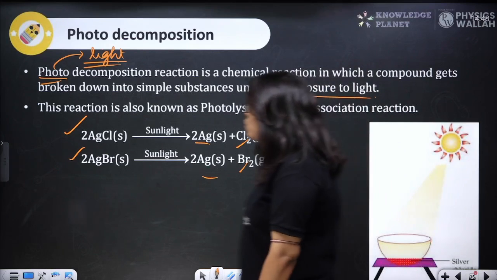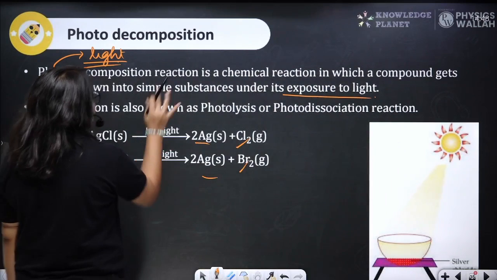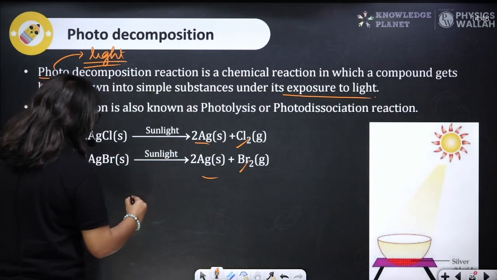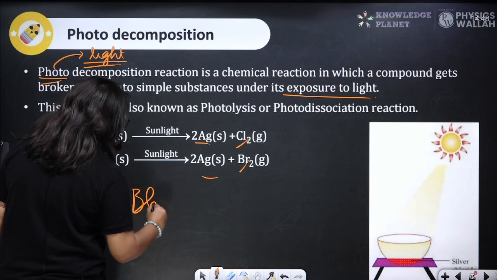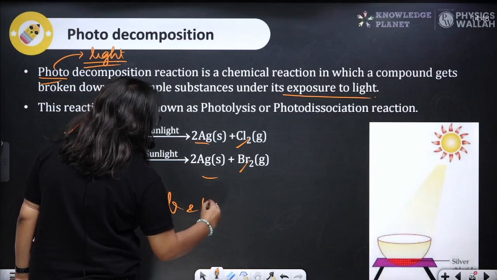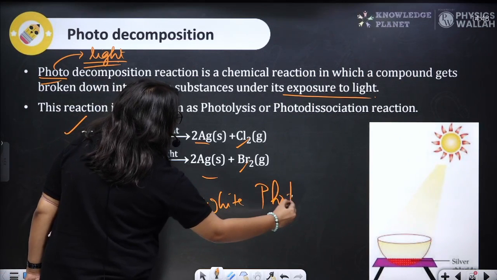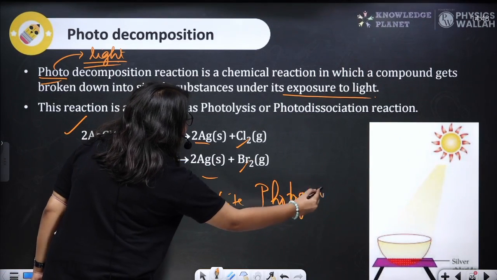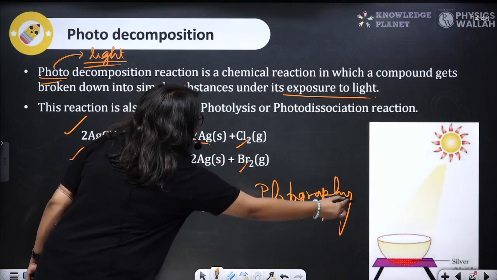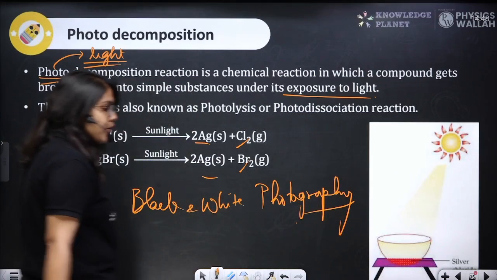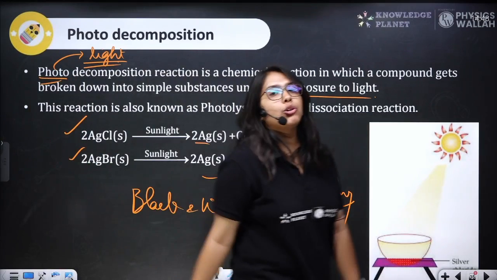Photo decomposition has an application in black and white photography. So it has its application as well. This is something that you need to remember and do mention when you're explaining about photo decomposition.